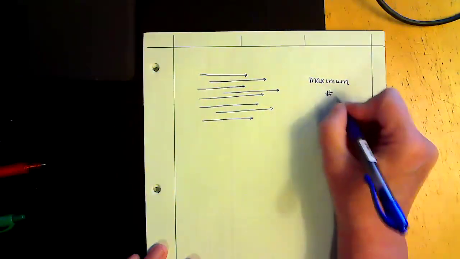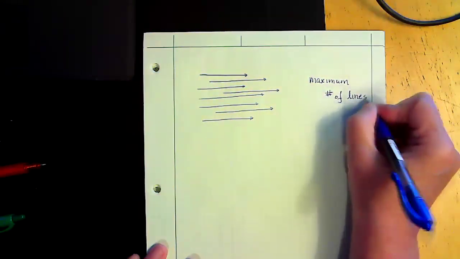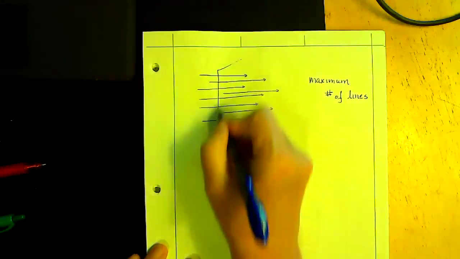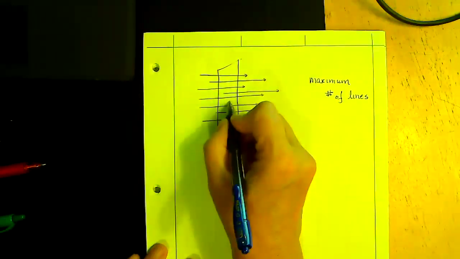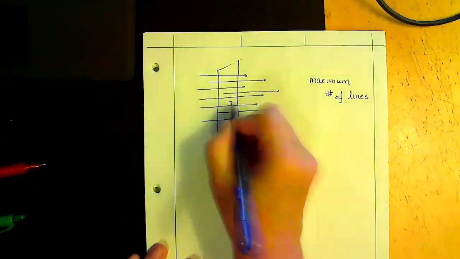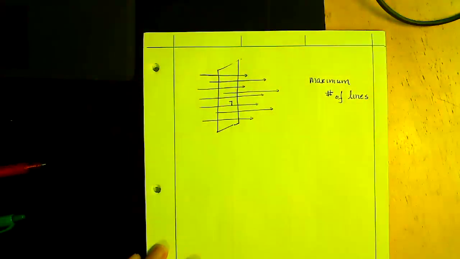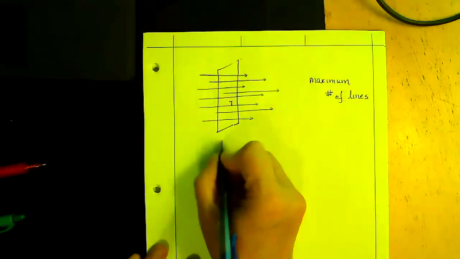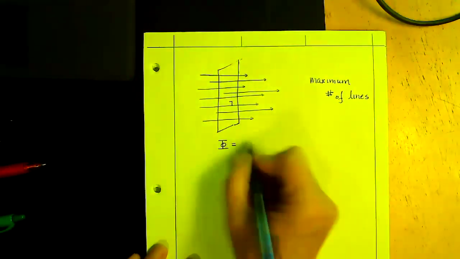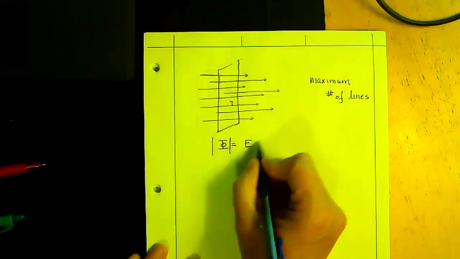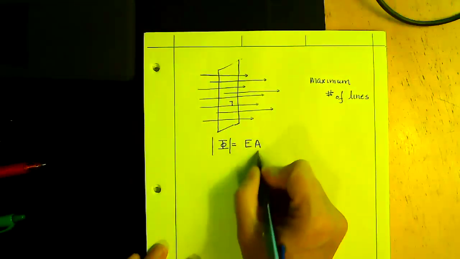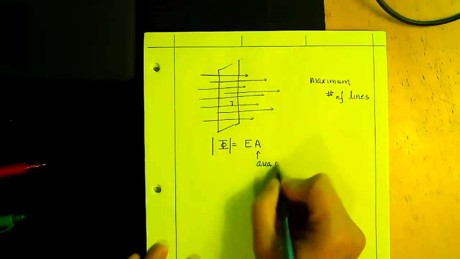Now, the maximum number of lines goes through when I draw my surface such that my surface is perpendicular to my flux lines. All right. And then the magnitude of my flux is going to be equal to the electric field times A, where A is the area of my surface.